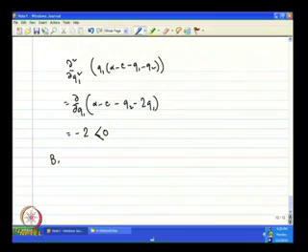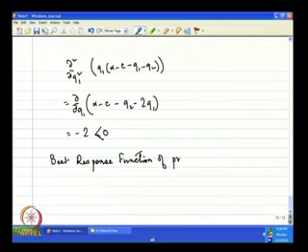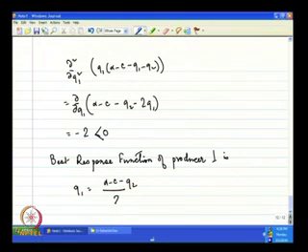So, the best response function of producer 1 is Q1 equal to this.